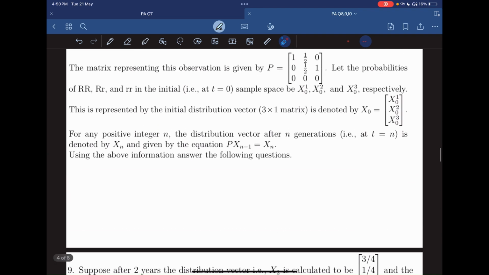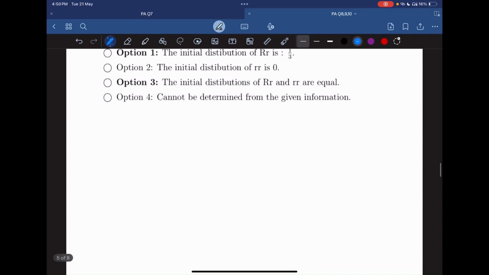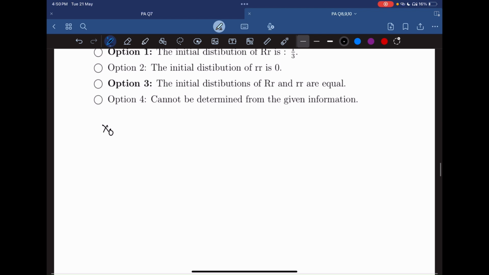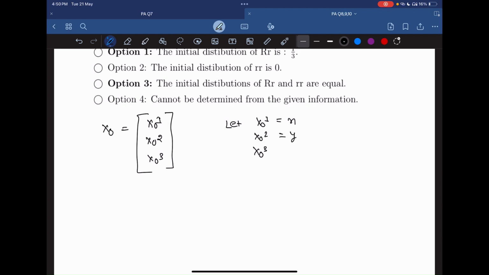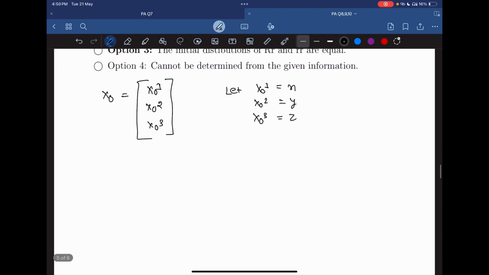Now we have our initial distribution vector x naught as x naught 1, x naught 2, x naught 3. Let x naught 1, x naught 2, x naught 3 equal x, y, and z. We are using this notation for simplicity.